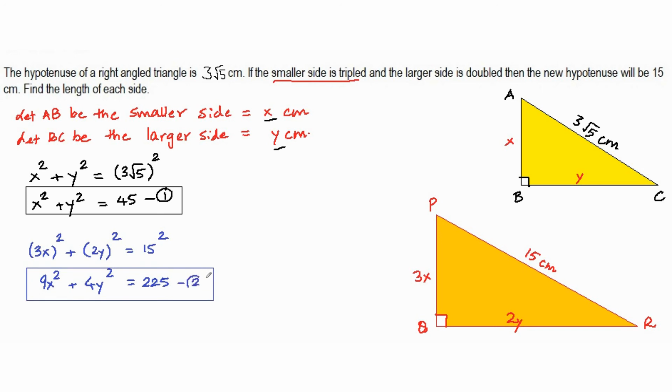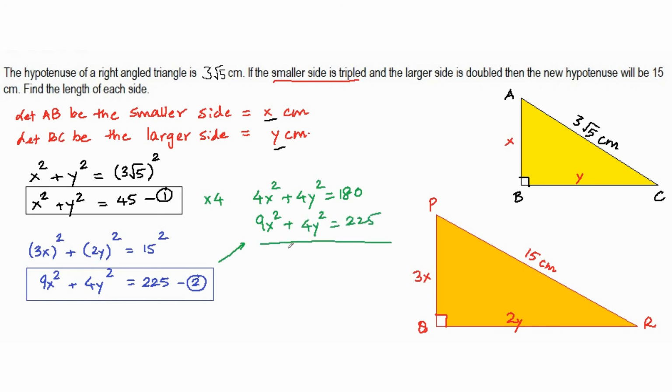And now if I want to find the values of x and y, I should be eliminating either x or y. Treat this as simultaneous quadratic equations, right? So let us quickly eliminate one of them. Let's eliminate y. So let's multiply this by 4. I get 4x square plus 4y square is equal to 180. And 9x square, that's the second equation. So 9x square plus 4y square is 225.